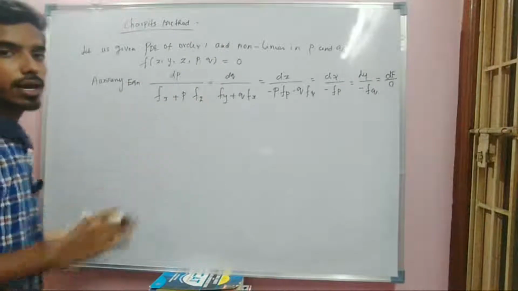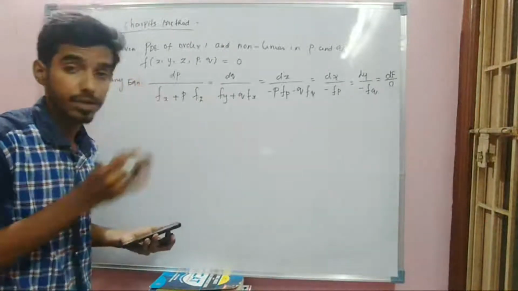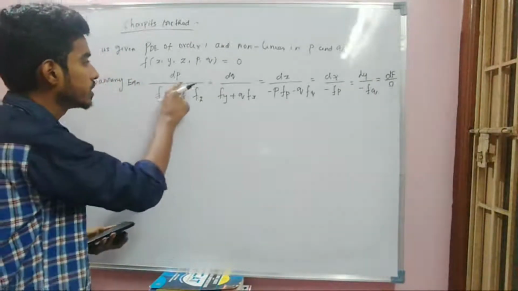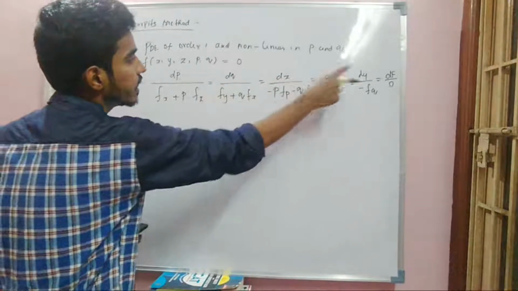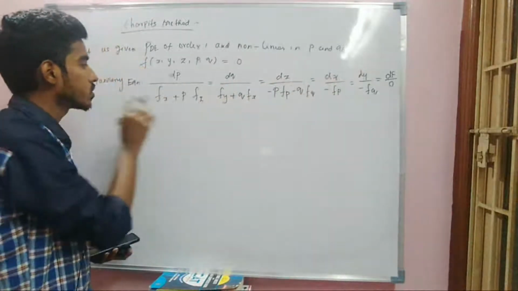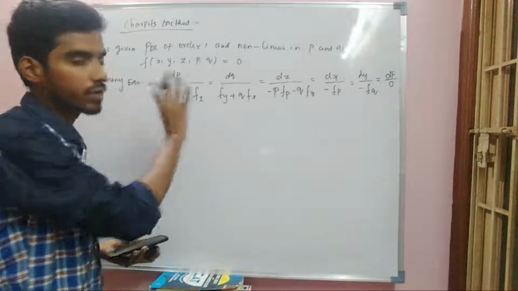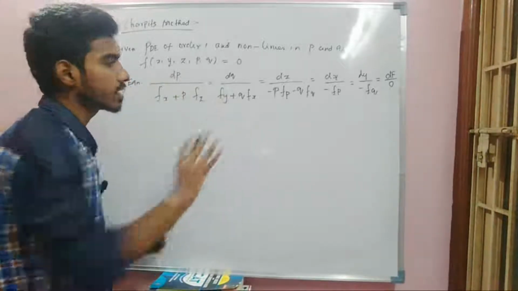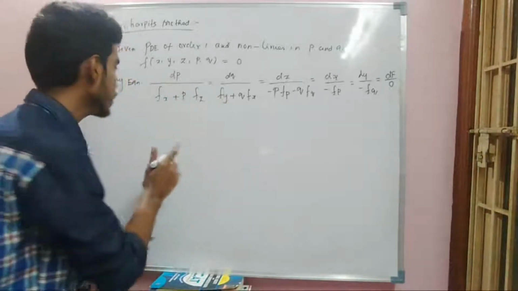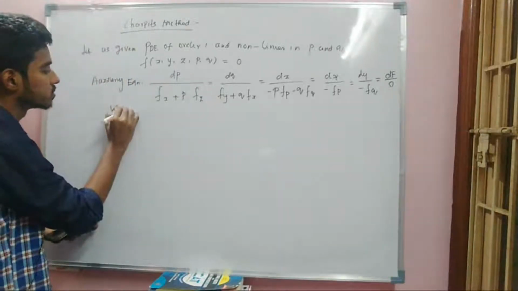This equation is called Charpit's auxiliary equation, so dp, dq, dz, dx, dy, df. Given the question, we have to first find this auxiliary equation, and then I will write the working rule.